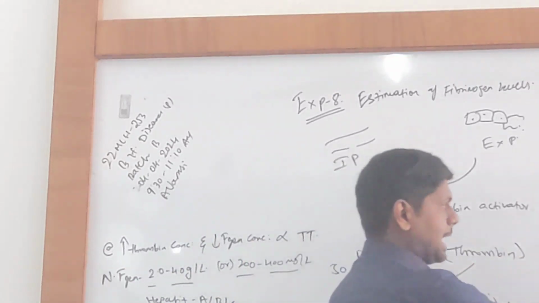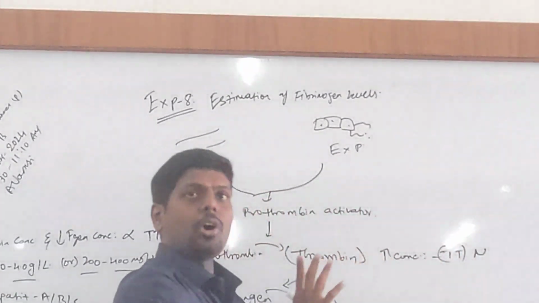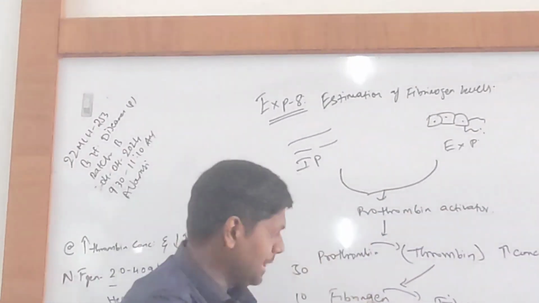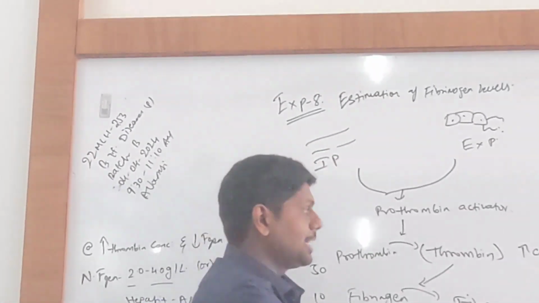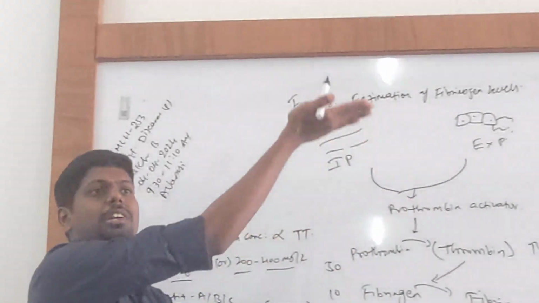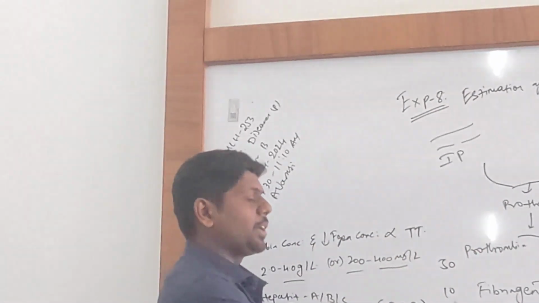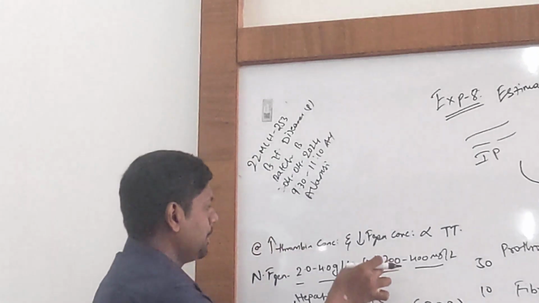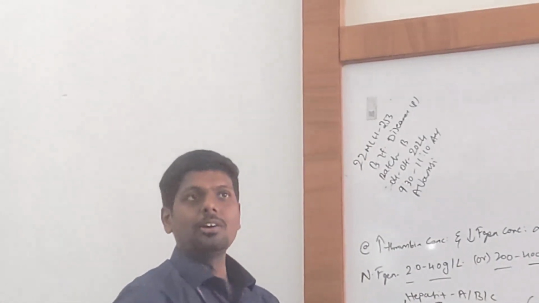Usually thrombin time should be normal in normal conditions. But when there is less fibrinogen, the thrombin time will shoot up, because thrombin concentration is increased relative to fibrinogen. This is the principle.